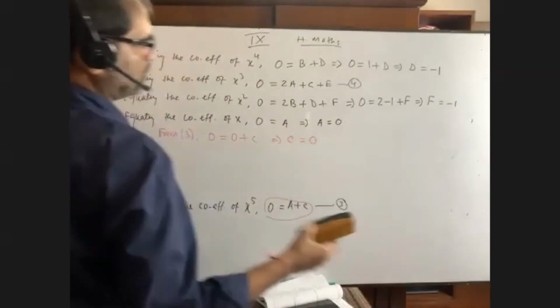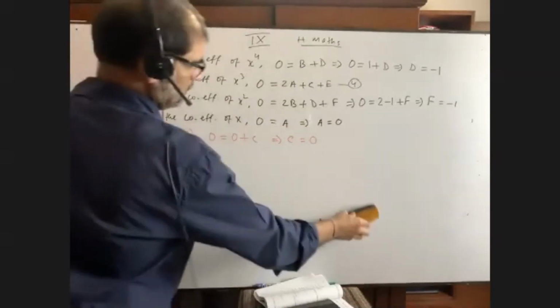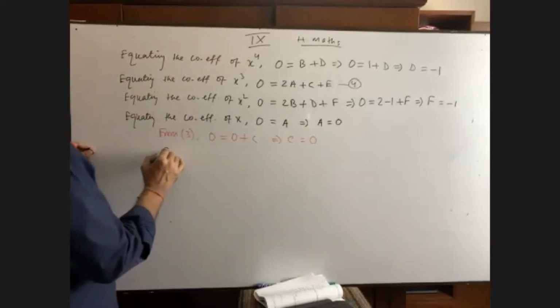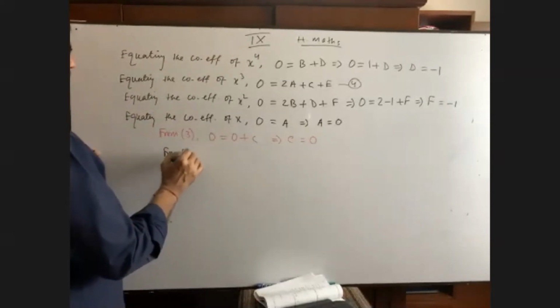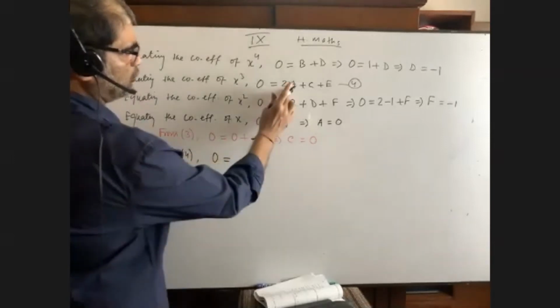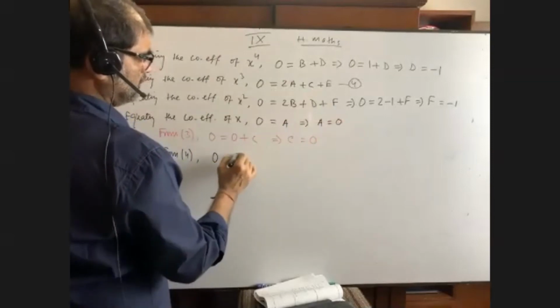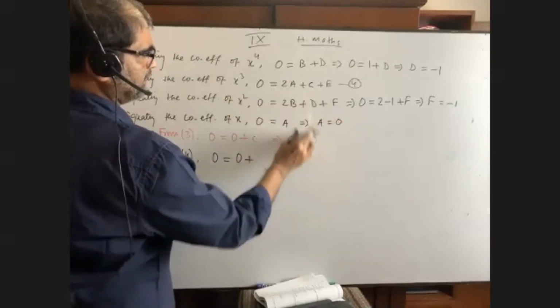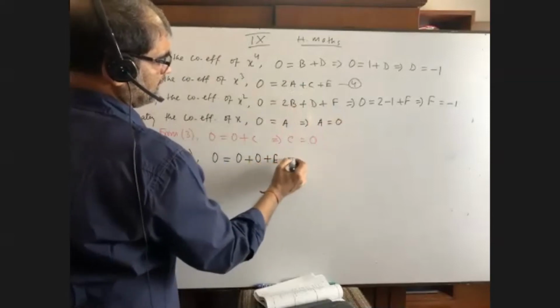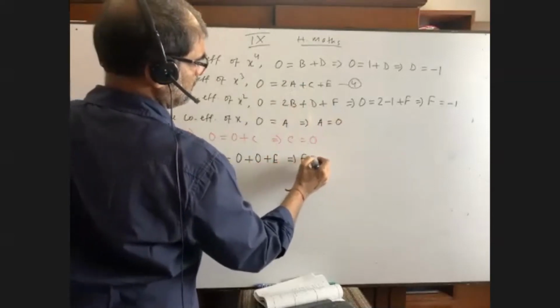Now there is another equation, number 4. From 4, we are getting 0. What is the value of a? 2a, a is 0. What is the value of c? C is 0. So what is the value of e? E is also 0.